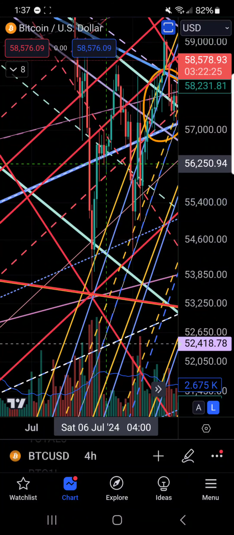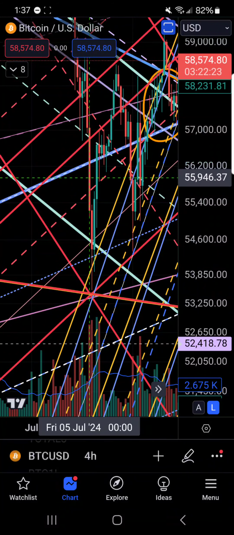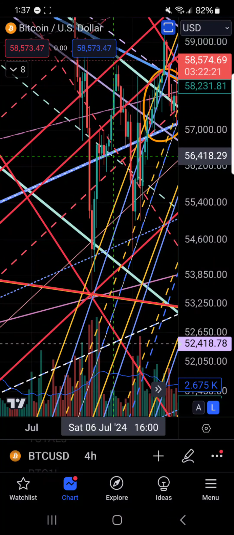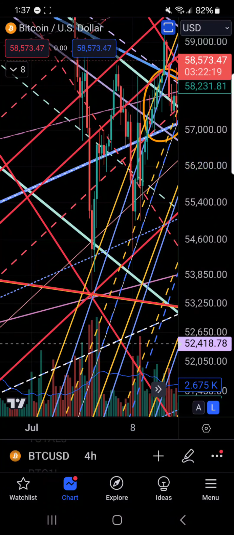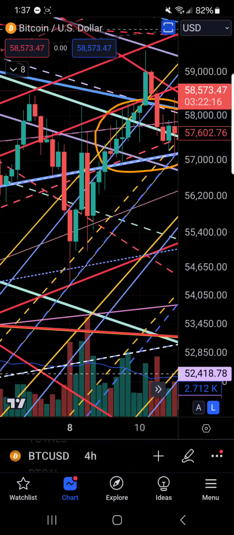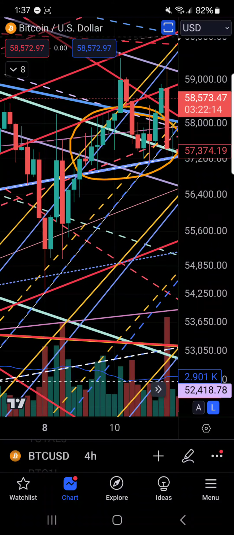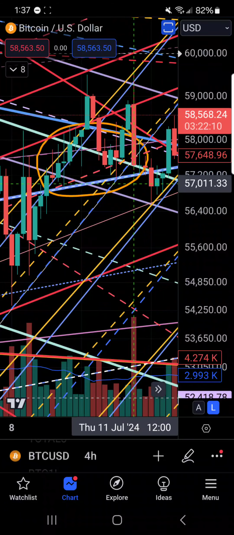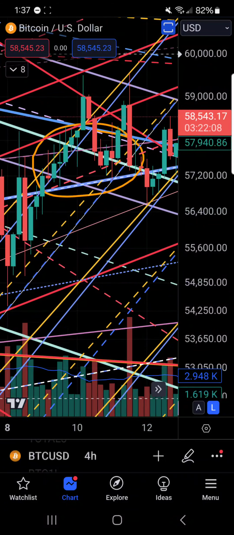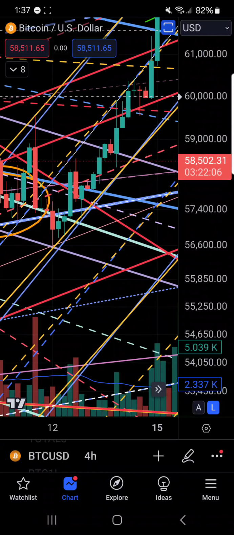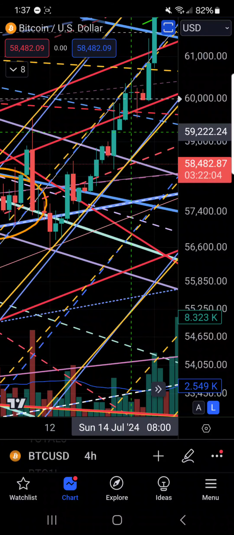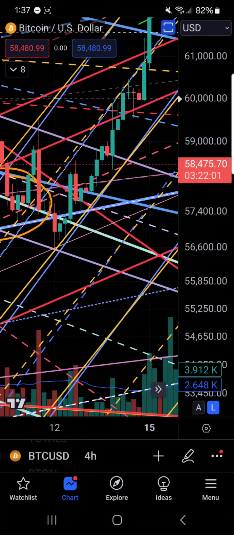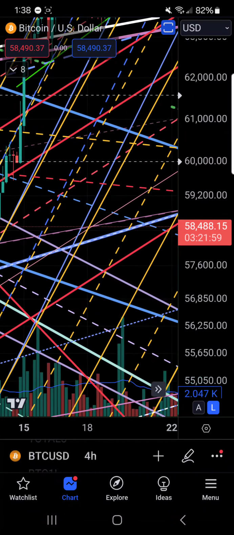And then we came back up and held this as support with multiple 4-hour candles right there. You can see how this has acted as support here and resistance as we struggled to hold it here. And then once we did, we bounced up from it.